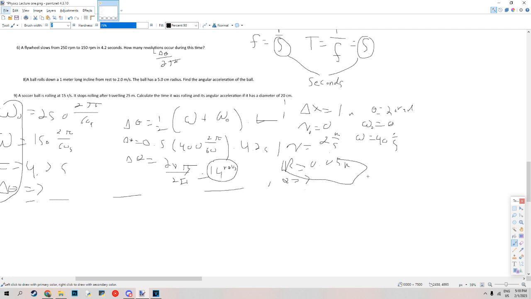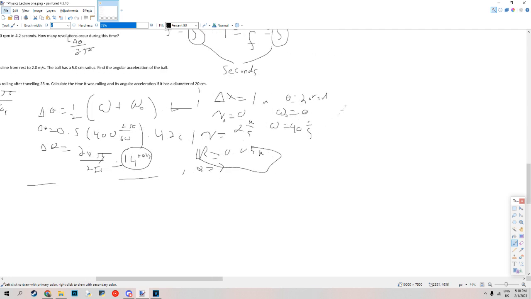And that equation is our fourth equation, which states that final angular velocity squared is equal to initial angular velocity squared plus 2 by alpha by delta theta. And now we just get to plug.